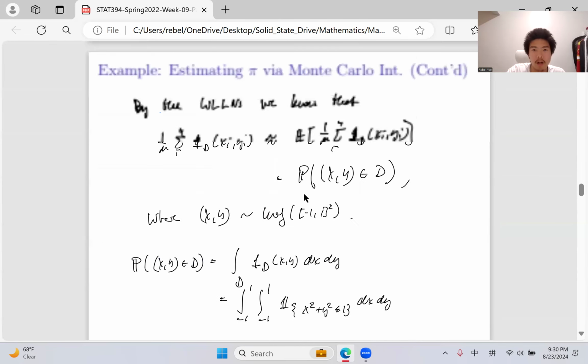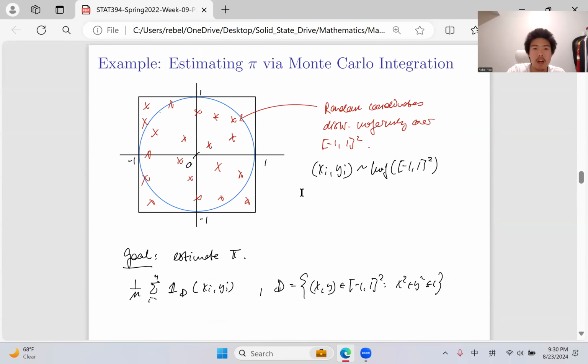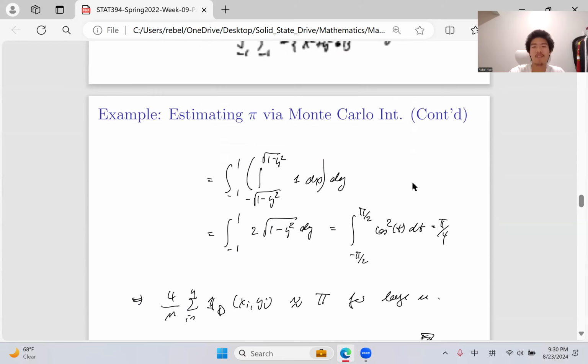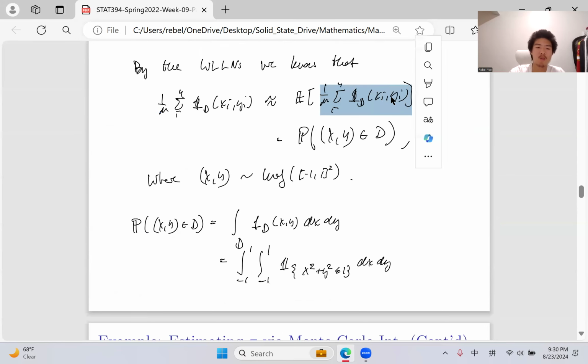First of all, it's calculated over x, so the x term goes from this boundary to this boundary, and then y goes from -1 to 1. And then we calculate that it comes out to pi over 4. So this is the expected value of this term, or the probability that (x, y) belongs to D.